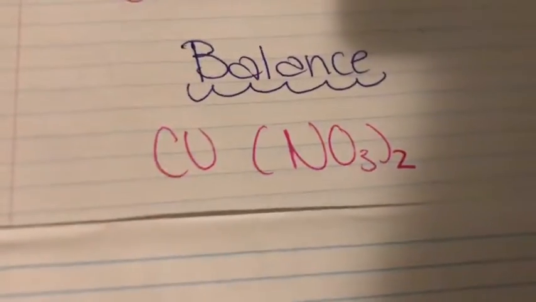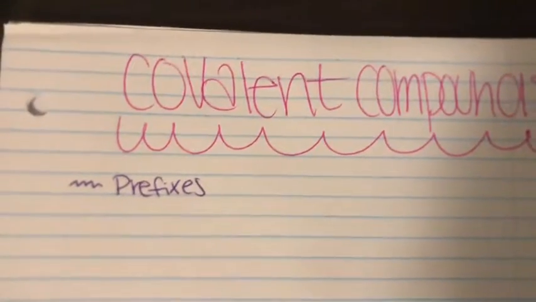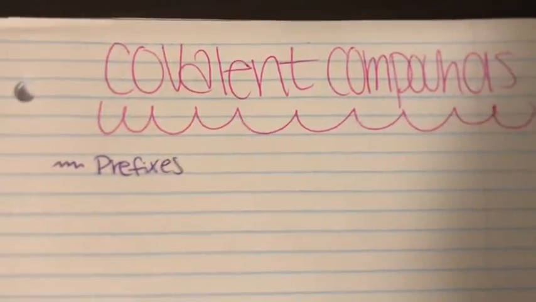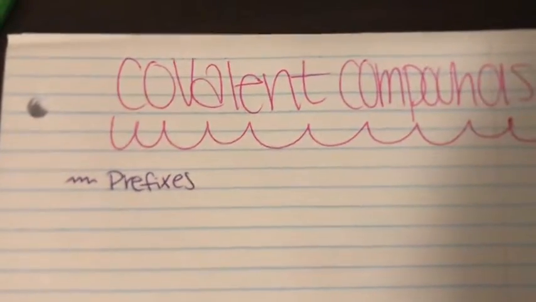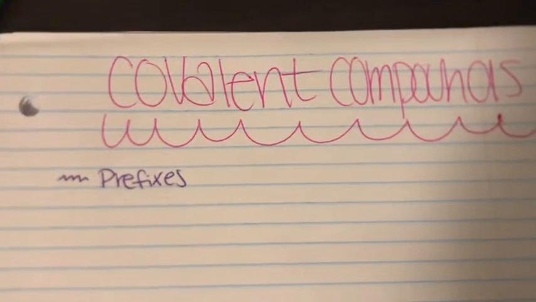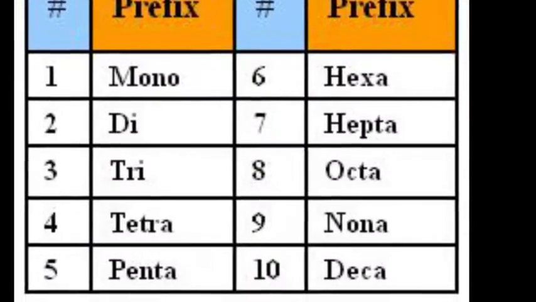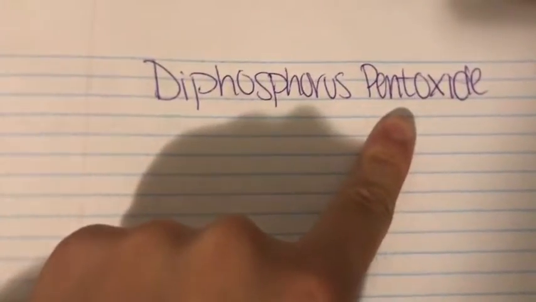So we end up with our final answer. Covalent compounds. So what you'll need to remember is the prefixes, and I'll insert a picture of 1 to 10 that you need to memorize. You don't need to cancel or cross any charges. So for our first example, we have diphosphorus pentaoxide.